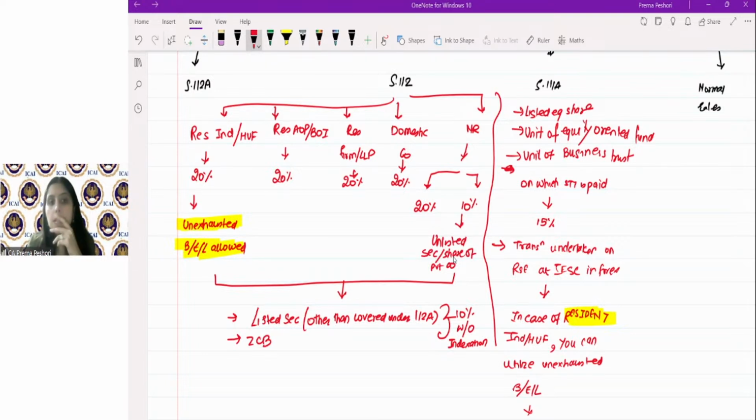It is 10%. Clear? Without indexation or foreign exchange fluctuation.